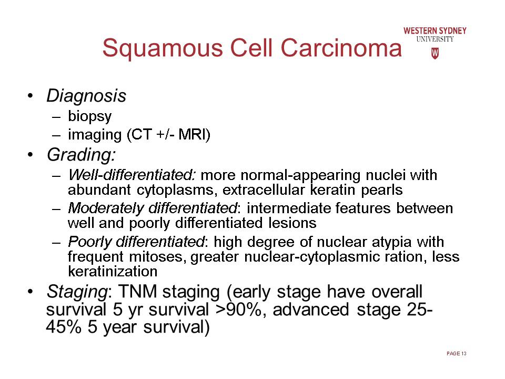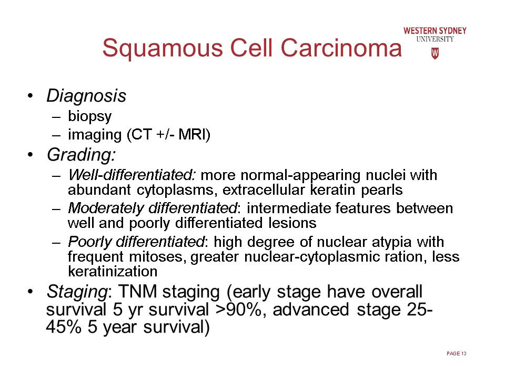Whereas in the poorly differentiated squamous cell carcinoma, you have a high degree of nuclear atypia, lots of mitosis in dividing cells. The nucleus is big with a greater nuclear cytoplasmic ratio, and there's less evidence of keratinization. Moderately differentiated squamous cell carcinoma is somewhere in between the well and poorly differentiated cases.